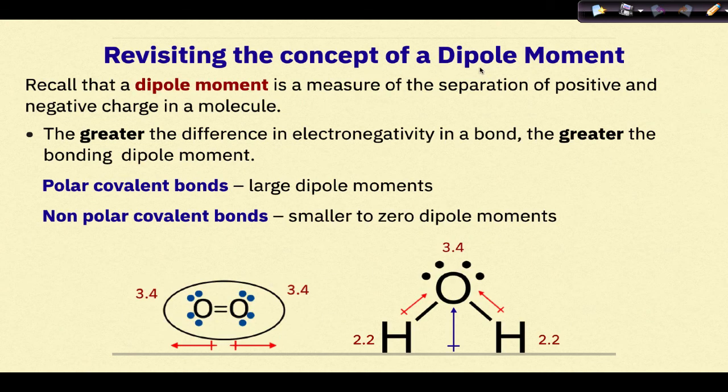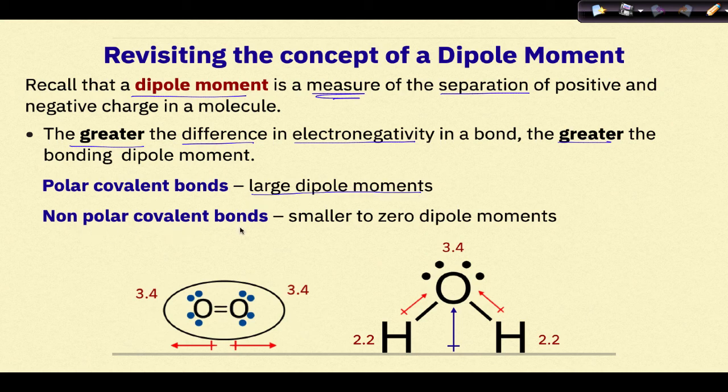Revisiting the concept of a dipole moment. Recall that a dipole moment is a measure of the separation of positive and negative charge in a molecule. The greater the difference in electronegativity in a bond, the greater the bonding dipole moment. So polar covalent bonds will have large dipole moments.